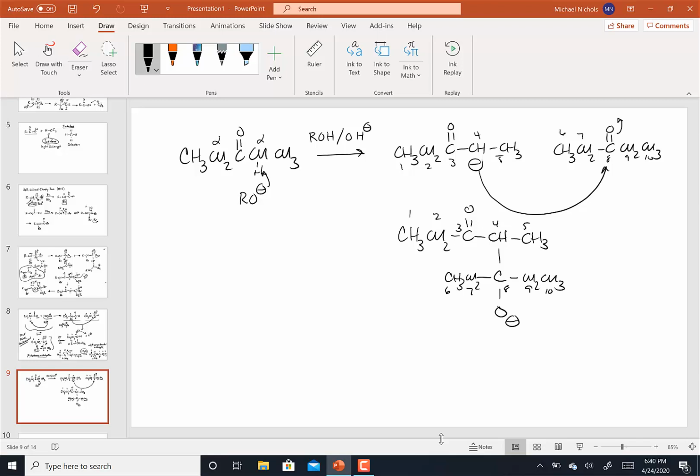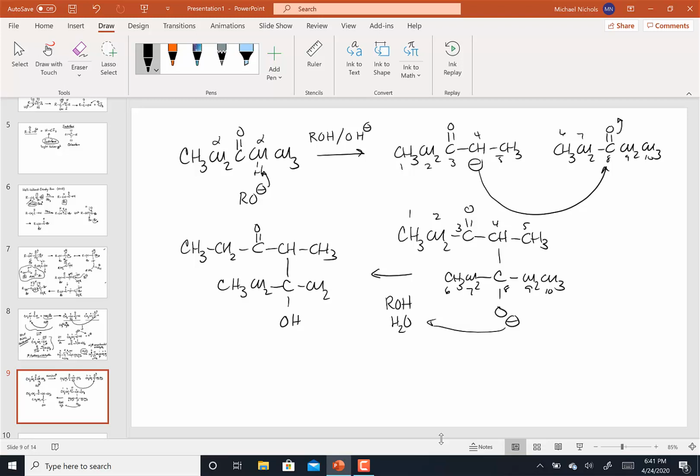And then that O minus will pick up a proton. It will deprotonate either the alcohol or water, because hydroxide comes in water. So it'll go ahead and deprotonate that. So I will make the product with the C double bond O, now with the CH now attached to that OH, along with the CH3, CH2 on this side, and the CH2, CH3 on that side.